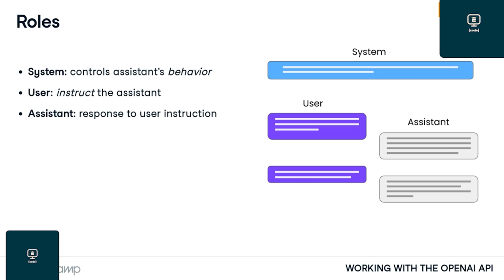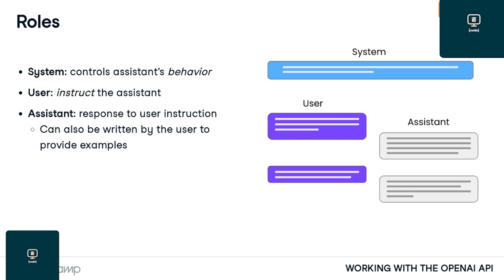The user provides an instruction to the assistant, and the assistant responds. One of the interesting things about chat models is that the user can also provide assistant messages. These are often utilized to provide examples to help the model better understand the user's desired response.